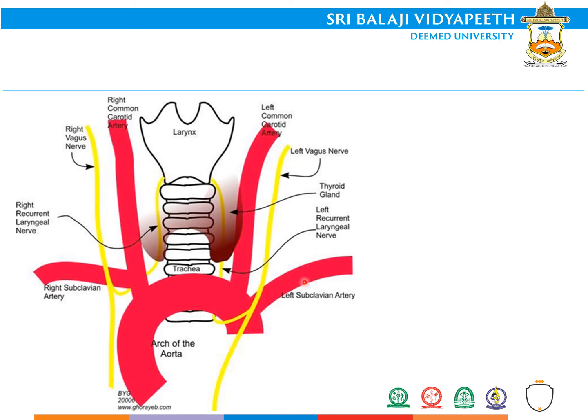Whereas where is this left recurrent laryngeal nerve? This is the left vagus nerve, and a branch of it goes around the anterior surface of the arch of aorta, winds around it and ascends upwards. So this is the left recurrent laryngeal nerve. So remember, the right recurrent laryngeal nerve winds around the right subclavian artery, whereas that of the left side winds around the arch of aorta.